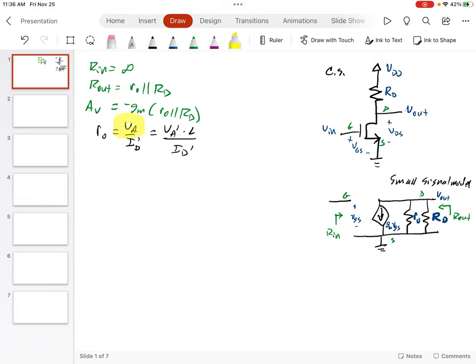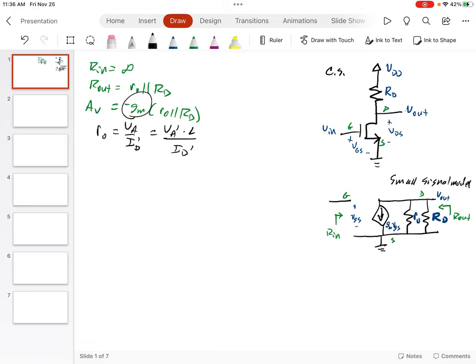VA would be in units of volts, and sometimes you'll be given that. The problem statement might say VA is 12. But other times you'll be given a number that's, say, 8 volts per micron, in which case you're getting VA prime, and you need to multiply by the channel length of your transistor, which would be given, or you perhaps need to find it.